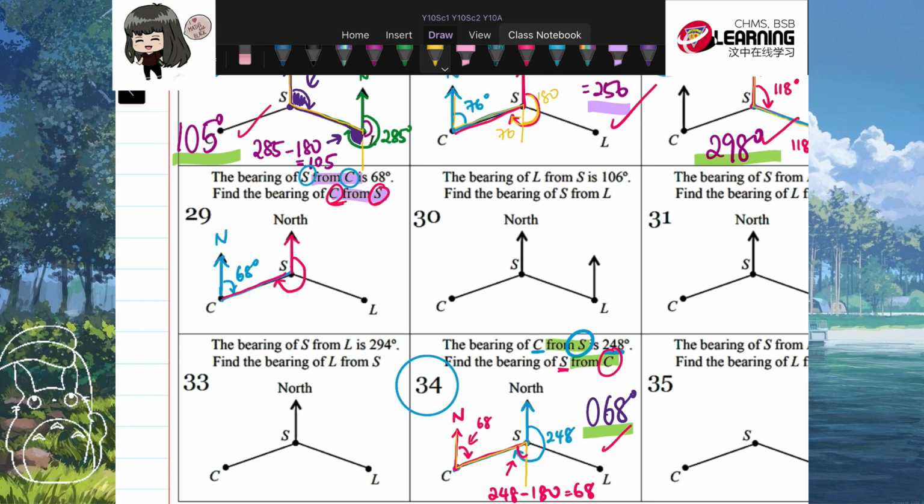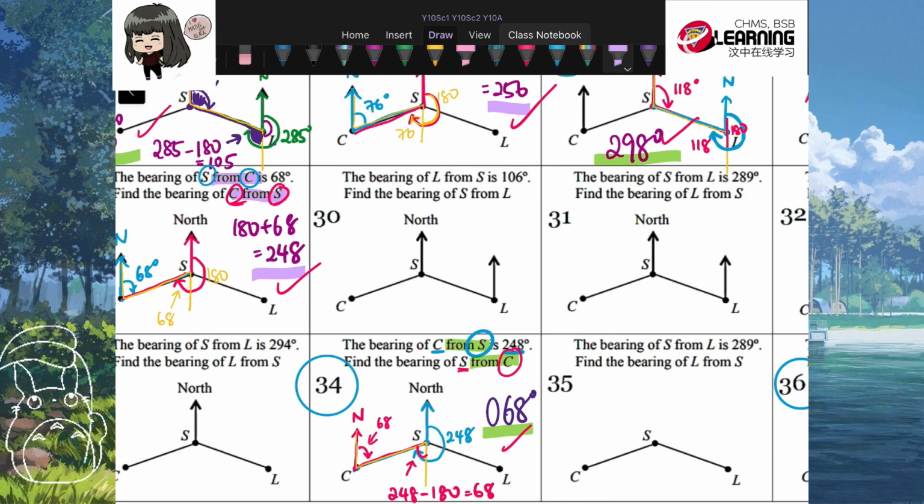So this one is also the same. It's 68 degrees. This is the alternate angle 68, and this is 180. So it is made up of 180 plus 68, which is 248. I think most of your answers here are correct. The answer is 248. Please tick.